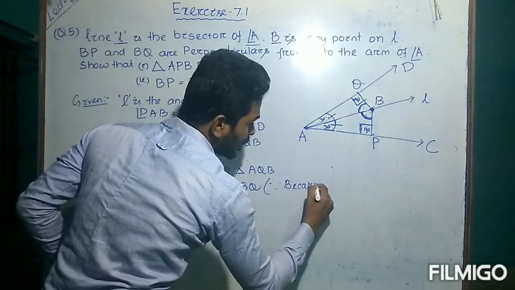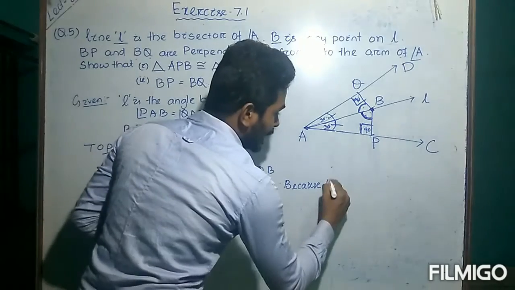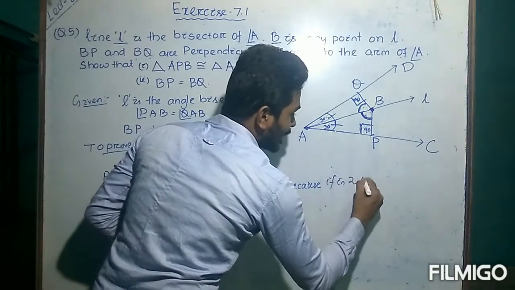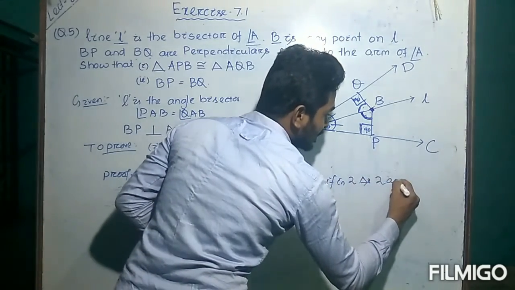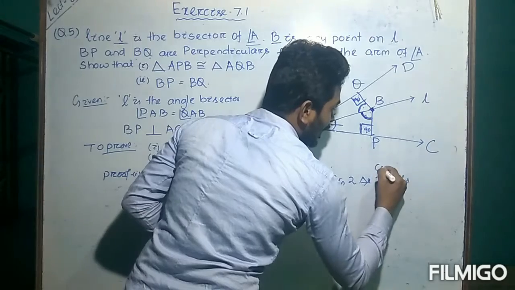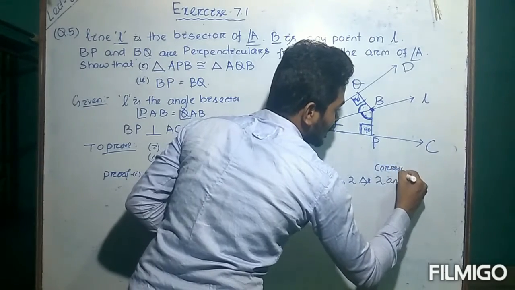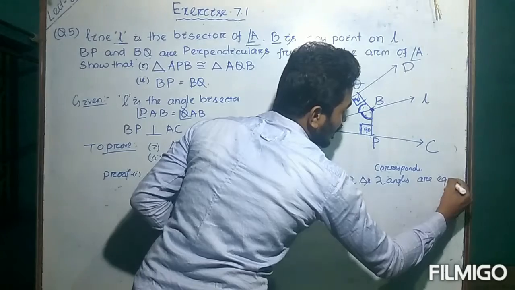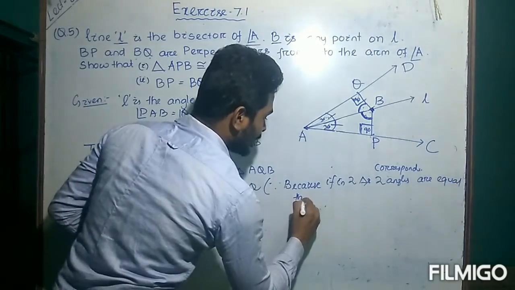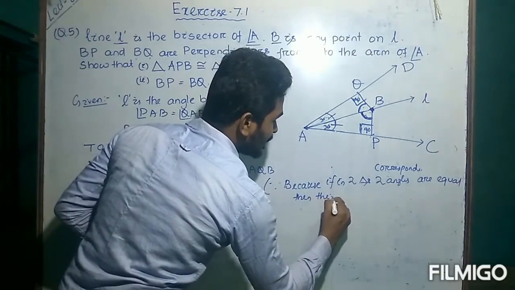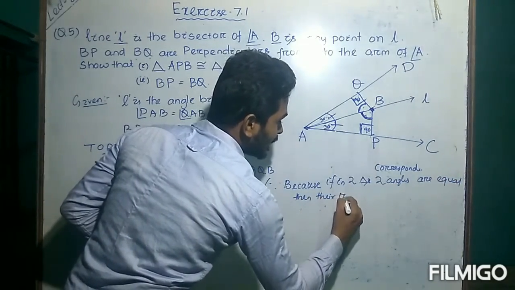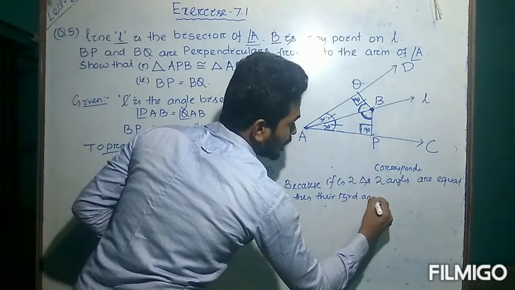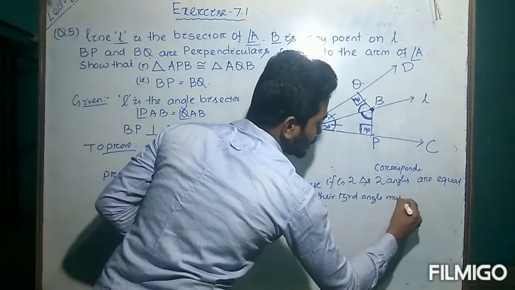Because if in two triangles, two corresponding angles are equal, then their third angle must be equal.